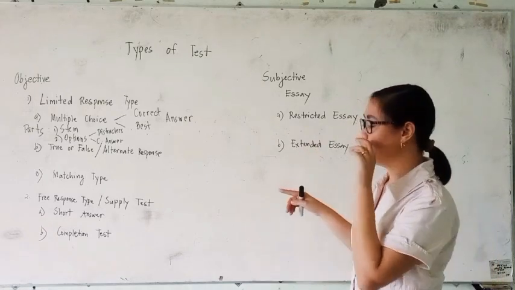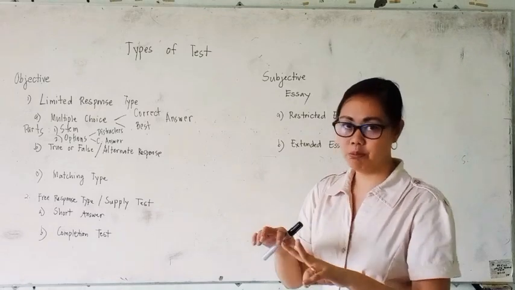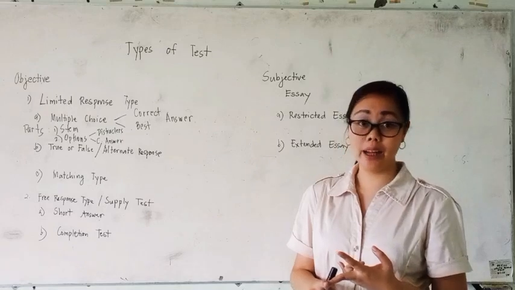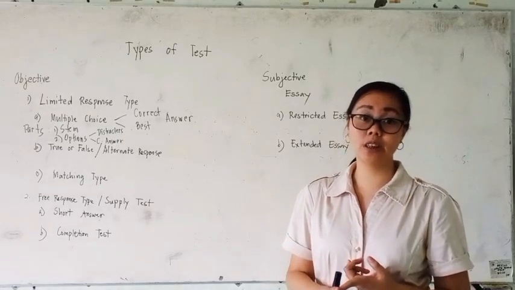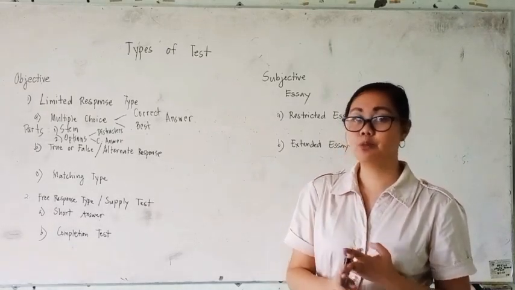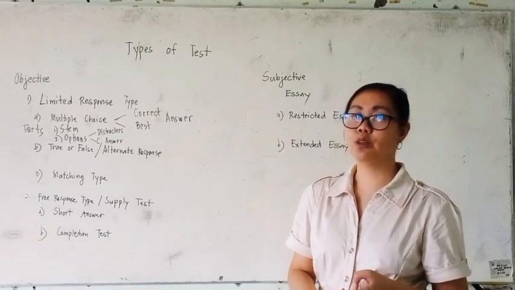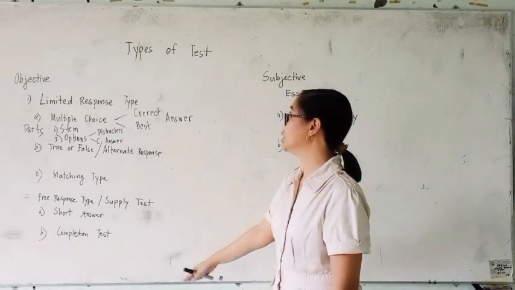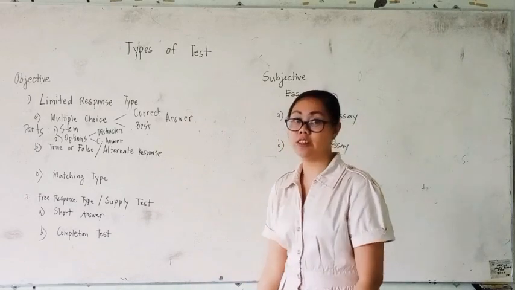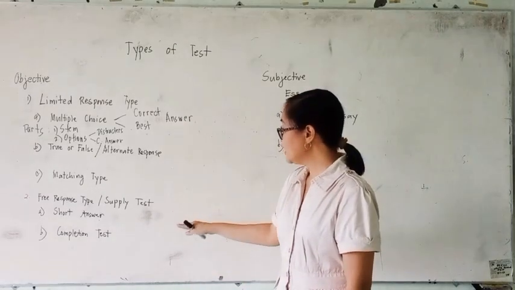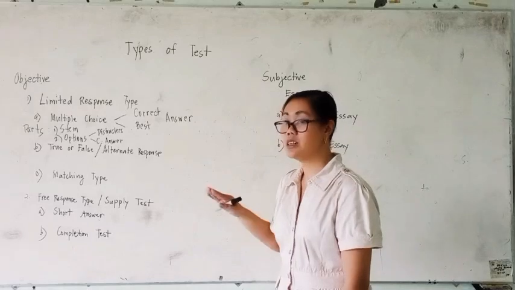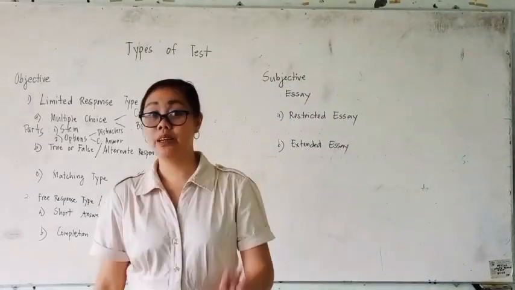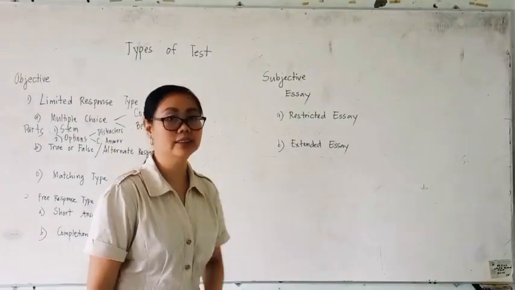For true or false, we have two basic types, the simple and then the modified. Under the modified, we have true or false with correction, supply type true or false, and true or false with options. And also part of the limited response is the matching type. For free response type, we have short answer and completion test. And then for subjective type, essays, we have restricted and extended.